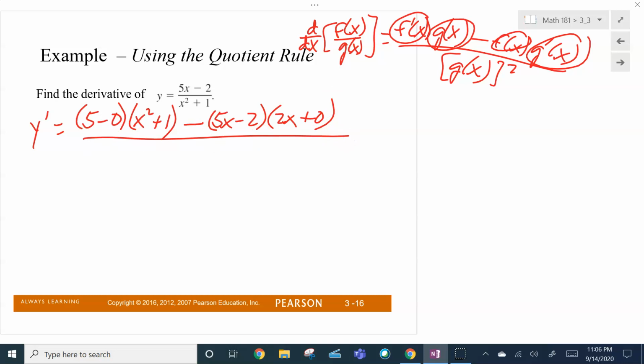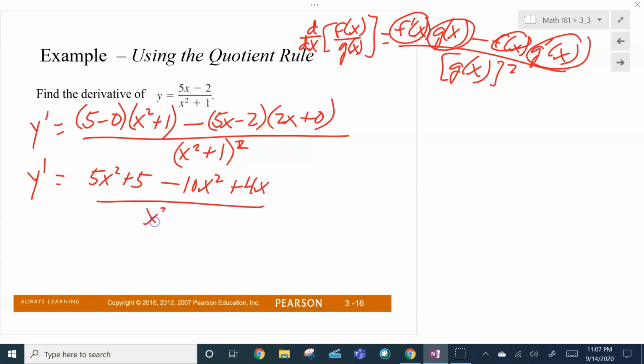Okay, so I've done derivative of the top times the bottom minus the top times the derivative of the bottom, over the bottom squared. So that's how I remember the little pattern. So y prime equals 5x squared plus 5 minus 10x squared plus 4x, over x squared plus 1 quantity squared.